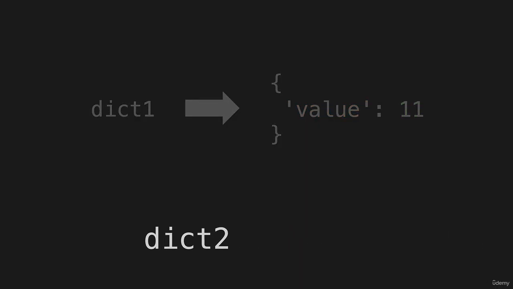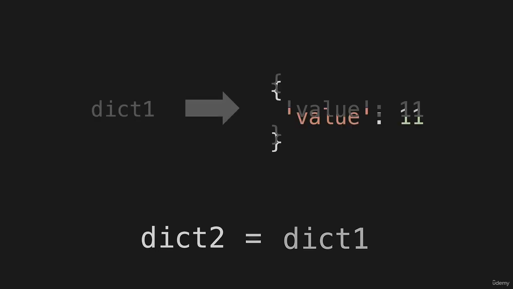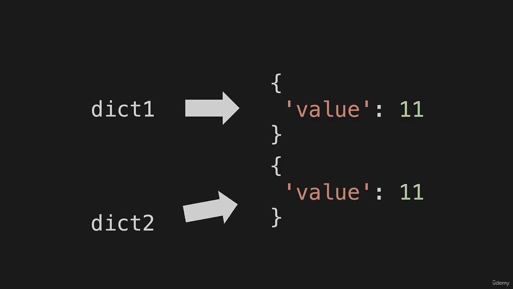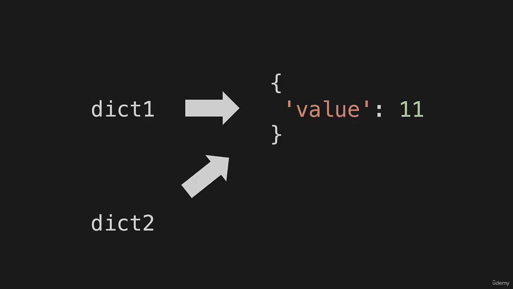Now, if we create another dictionary that we call dictionary2 and we set this equal to dictionary1, the question is, do we create an additional dictionary that is identical someplace else in memory and have dictionary2 point at it? Or do we have dictionary2 point at the same dictionary in memory? So the answer to that is they are both going to point to the same dictionary. So this is something that is going to be the same as if we are working with an integer.